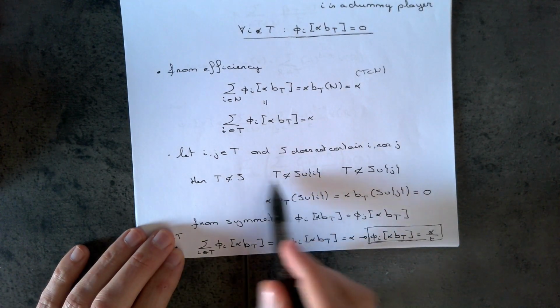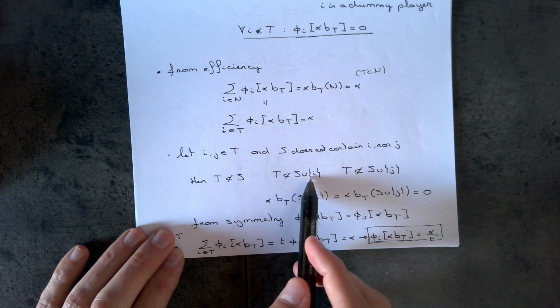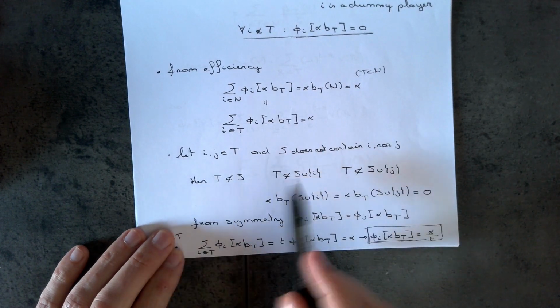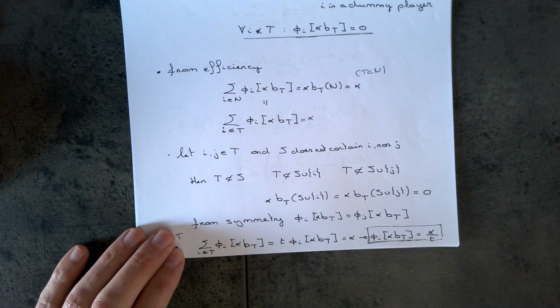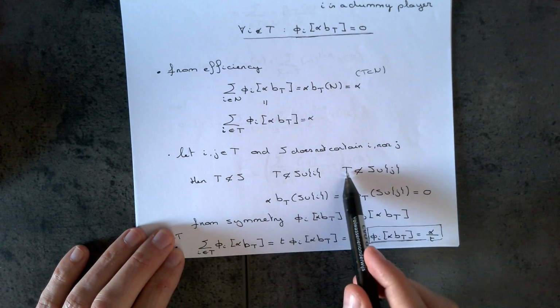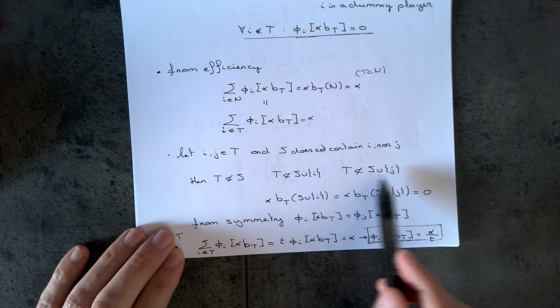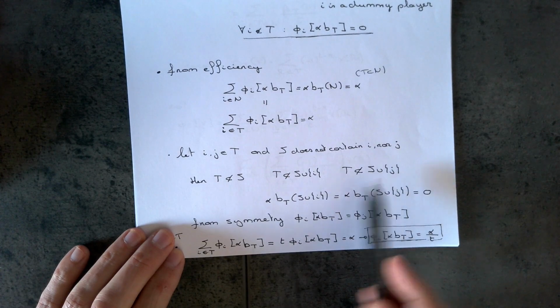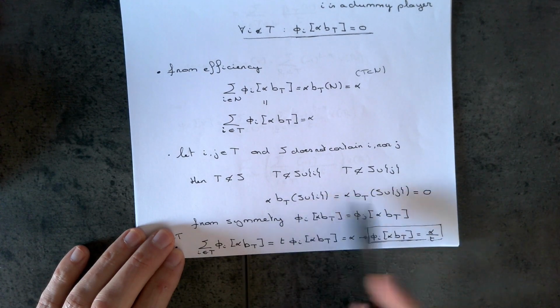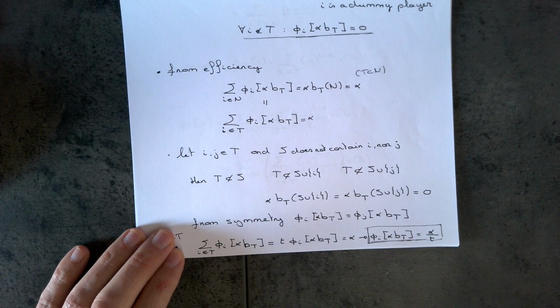Also, adding I to S doesn't help here because S union I still doesn't contain J. So T is also not a subset of S union I. And by symmetry, T is also not a subset of S union J. So B_T of S union I and B_T of S union J will all be equal to 0.